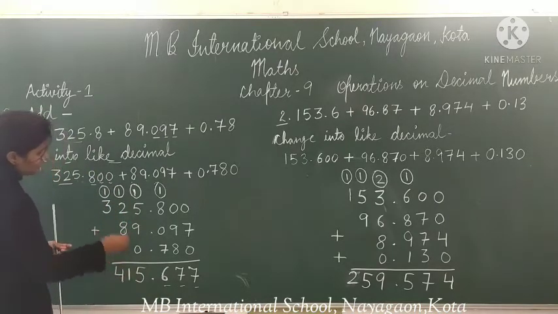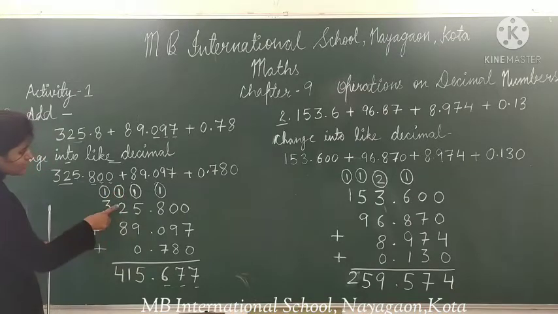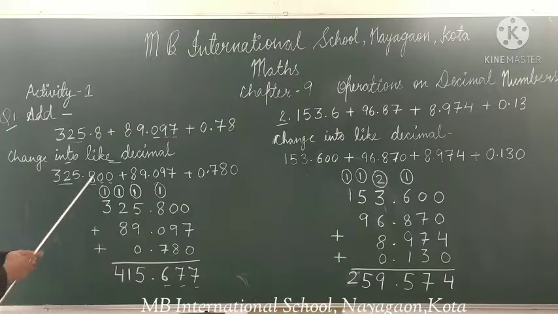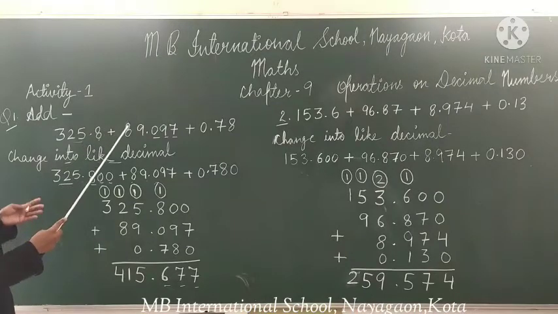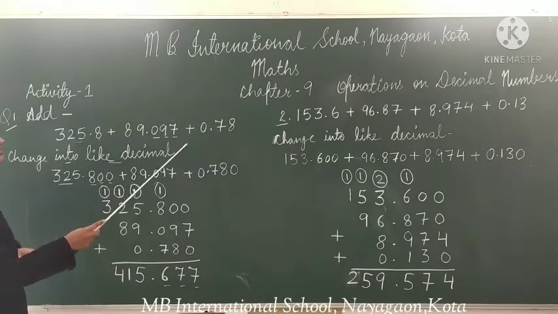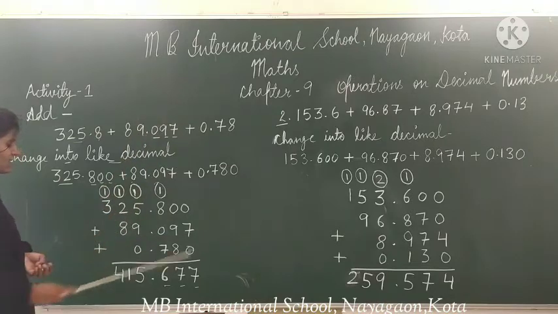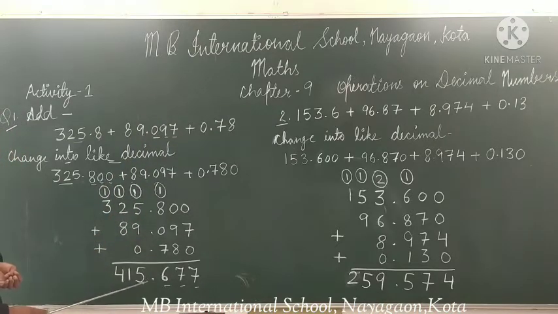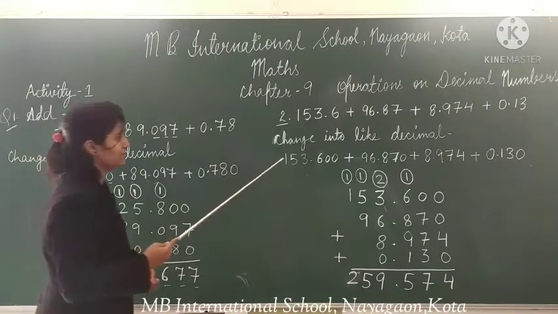We write 5 here, 1 goes in carry. 8 plus 2, 10, 10 plus 1, 11. We write 1 here and 1 goes there. 3 plus 1, 4. So when we add 325.8 plus 89.097 plus 0.78, we got 415.677 as an answer.